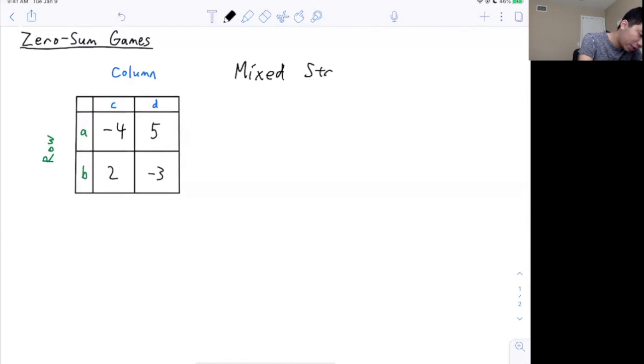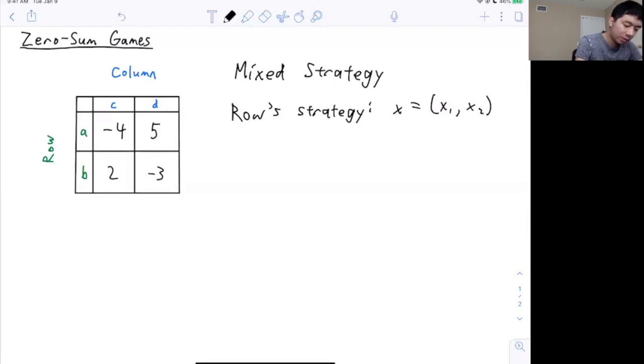A mixed strategy is a randomized strategy, which means that row's strategy can be represented as a vector x, where x is x1, x2, so it's a vector of two elements. And these two numbers are probabilities. So x1 is the probability that row picks A, and x2 is the probability that row picks B.